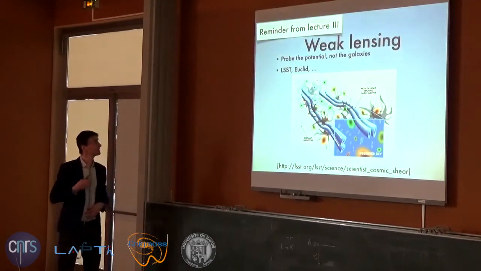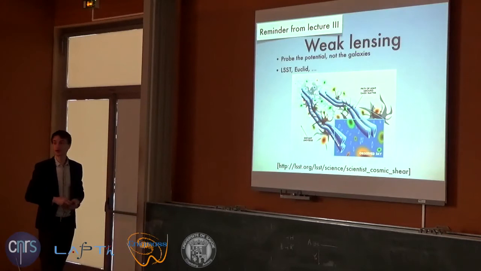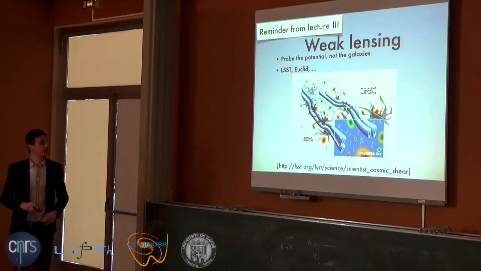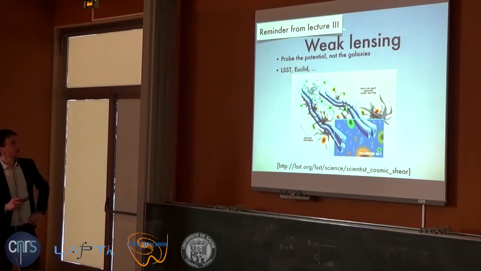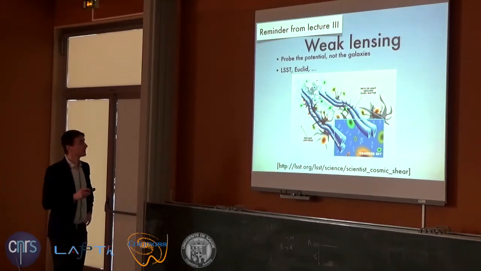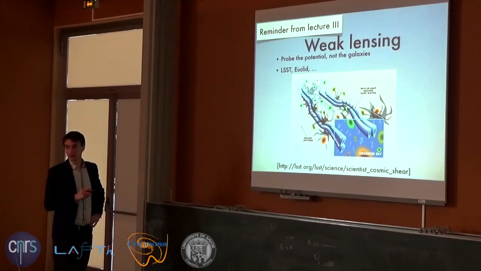But before I do that, let me remind you something from the third lecture, the large-scale structure lecture. We briefly discussed, very briefly, only qualitatively, the effect of weak lensing. So in large-scale structure, you observe galaxies. These are approximately circles or ellipses with random orientations.